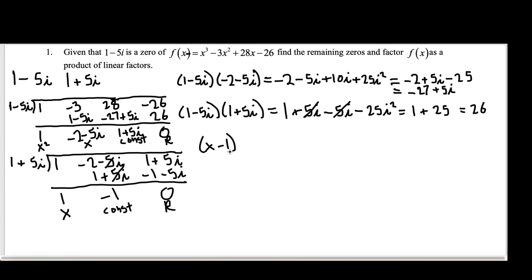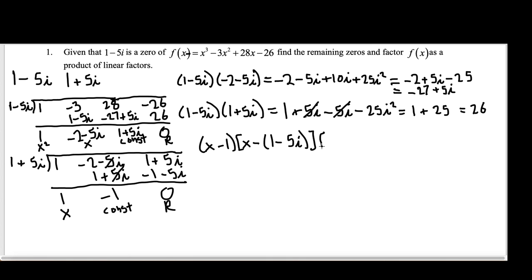So now two other factors can be, I know two other factors because I know two other zeros, right? So another factor will be x minus 1 minus 5i.